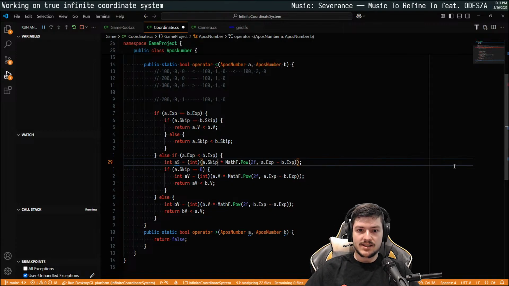A skip. So I put the smaller into the bigger. Doesn't this work?